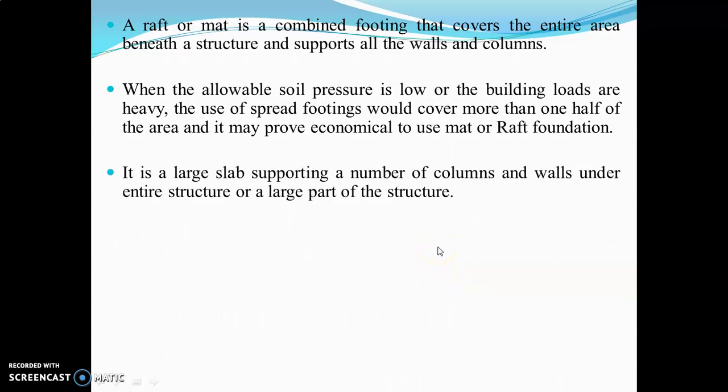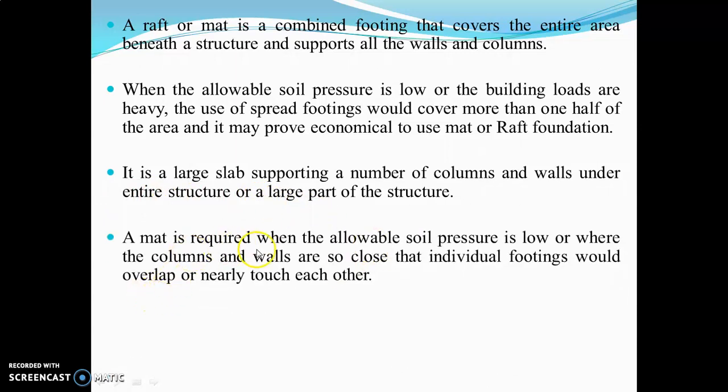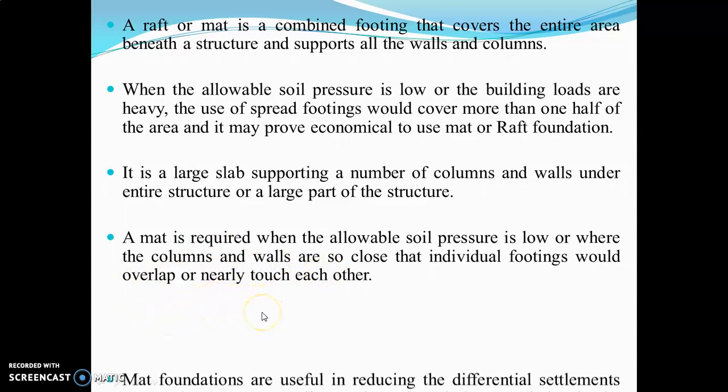It is a large slab supporting a number of columns and walls under entire structure or a large part of the structure. A mat is required when the allowable soil pressure is low or where the columns and walls are so close that individual footings would overlap or nearly touch each other.